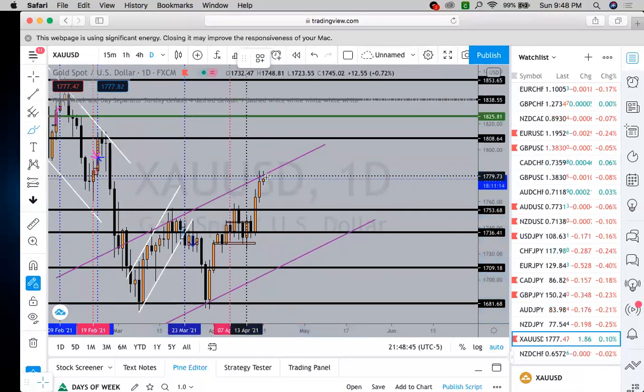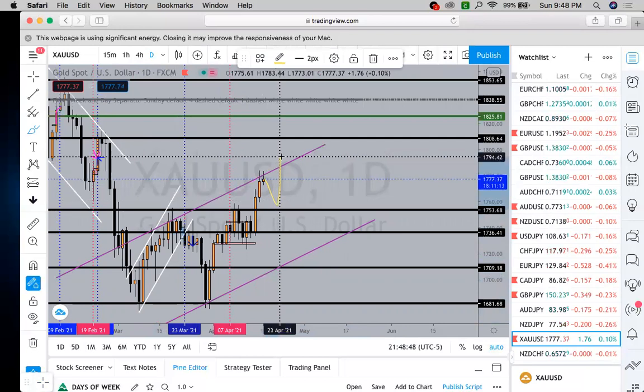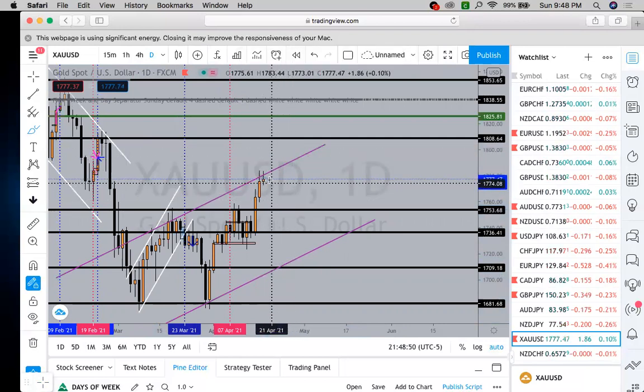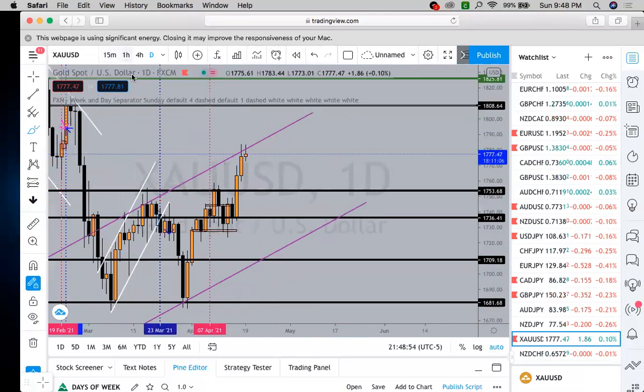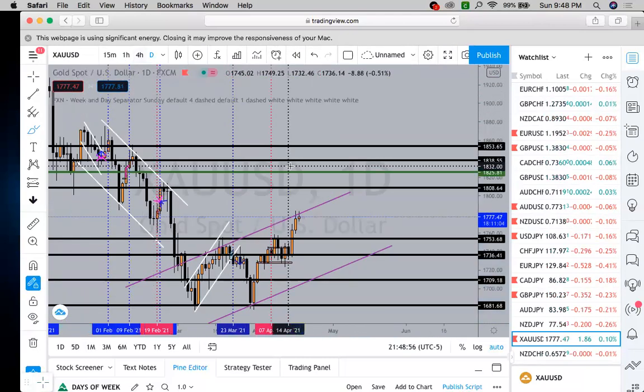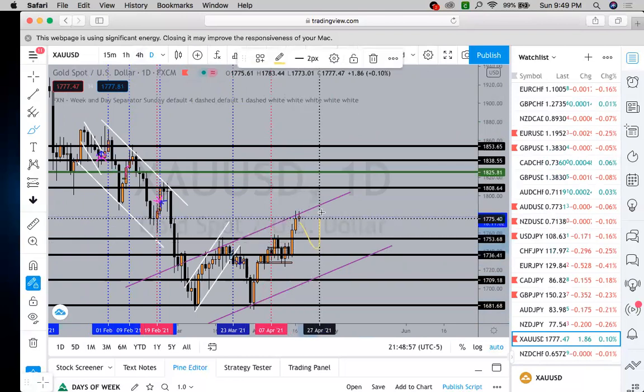Of course we've got to get a retracement before we continue to move up. But yeah, I want to see gold continue to push up.